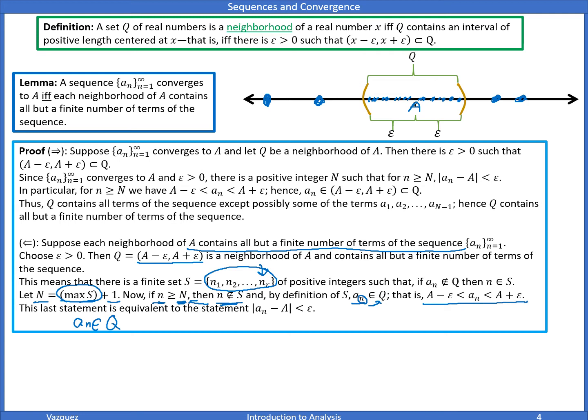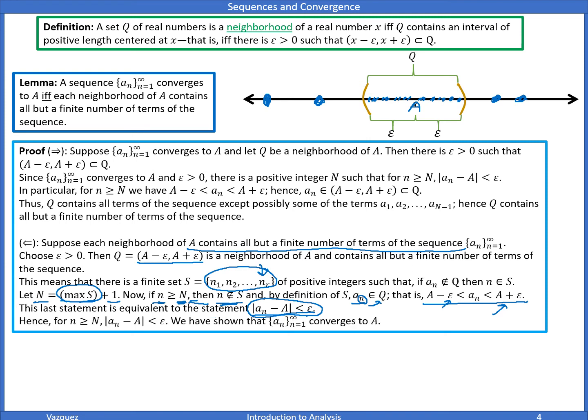That is, a sub N and on is within that epsilon neighborhood of A. And this statement, as we saw from the last slide, the yellow box, is equivalent to saying this right here. And what is that? That's saying that the difference between our sequence and our limit point is within our goal, within epsilon.